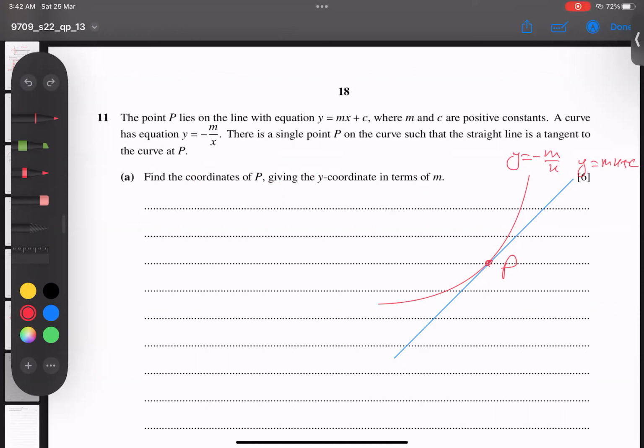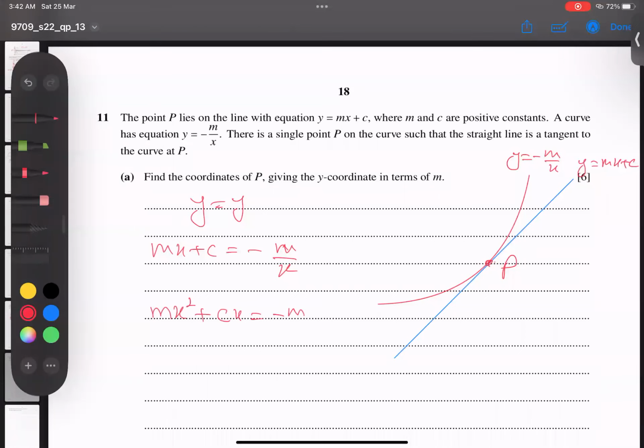So let's start. So first of all, because they are touching, or let's say cutting or touching, both options, we will put them equal to each other. So y equals y. So I'm starting mx plus c equals minus m over x. Cross multiply: mx squared plus cx equals minus m.